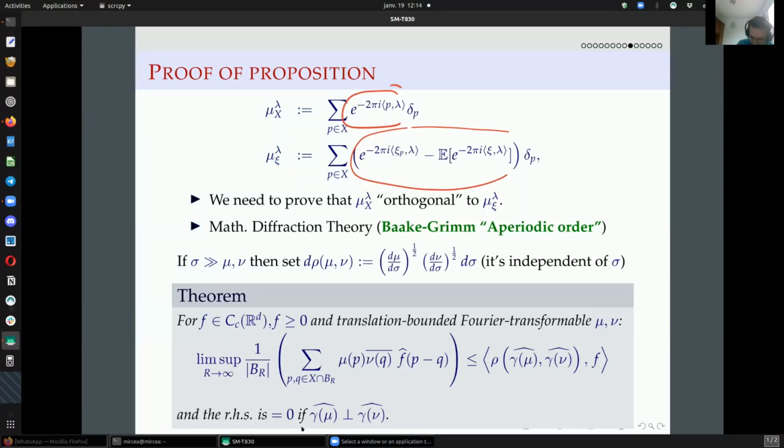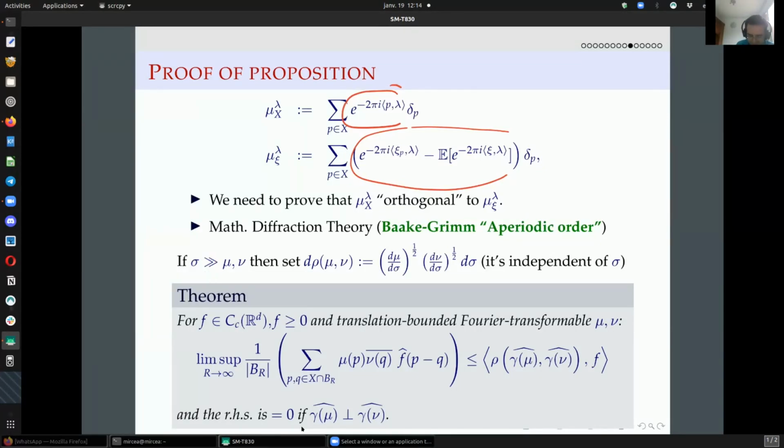So basically, the main theorem that is useful here is this one below. If I have two measures mu and nu that are related to these measures here, then I can consider any measure sigma such that the two are absolutely continuous with respect to sigma.